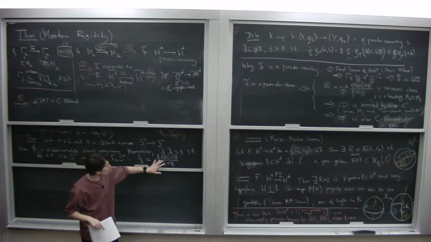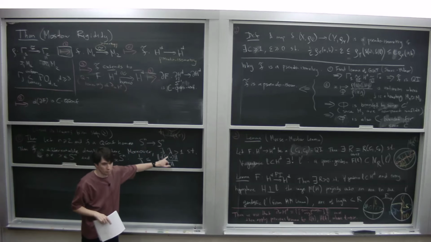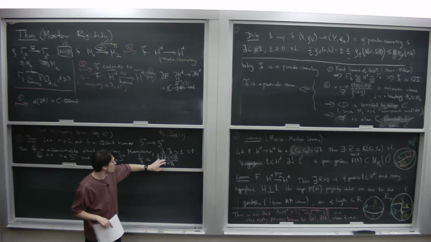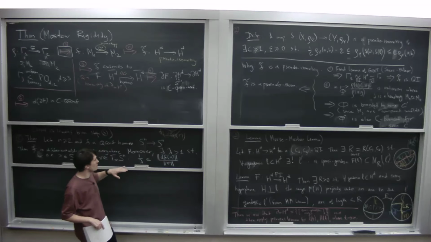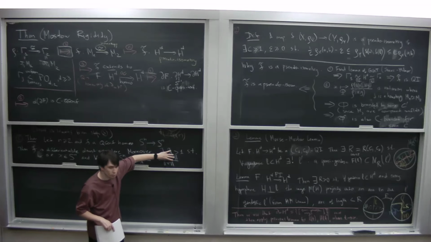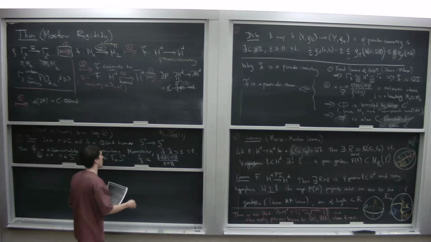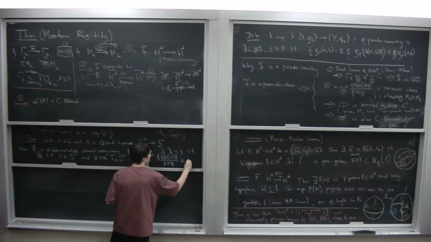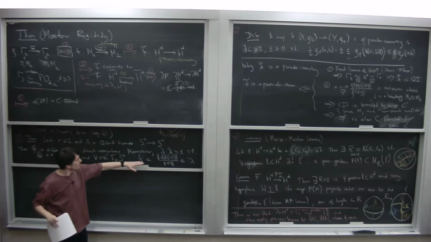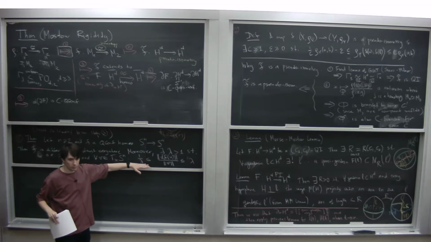Well, basically, I just take a linear operator in this case, and for any vector v from the tangent space, the norm of the image of this v under this linear map over the norm of v is bounded from above by this number lambda, and from below by 1 over lambda.